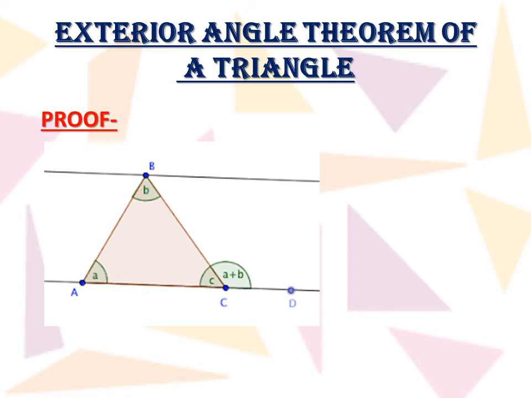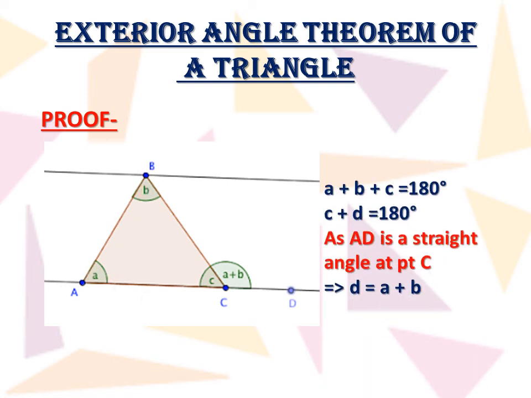How can we prove that? Now you see at this point this angle plus this exterior angle will be equal to 180 degrees since AD is a straight line at point C. So here C plus D will be equal to 180 degrees.